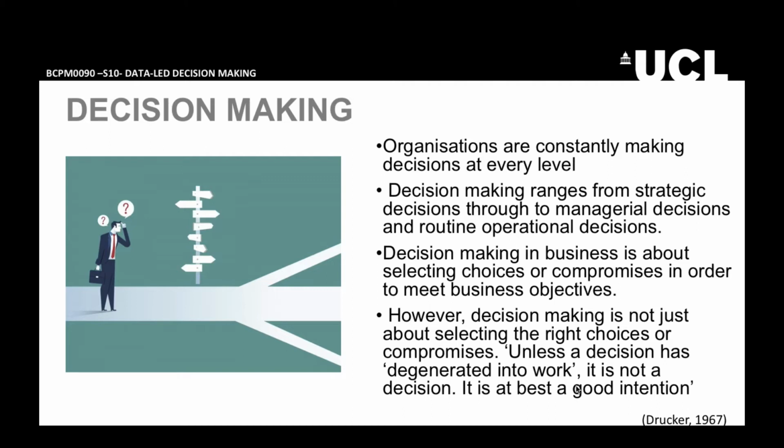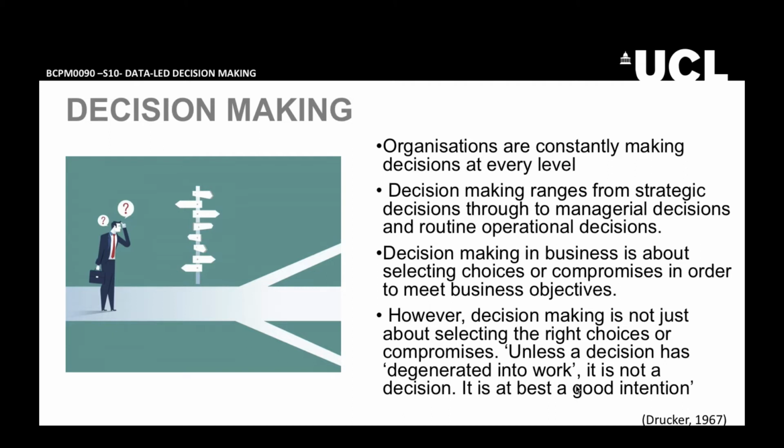Generally speaking, decision making in business is about selecting choices between a range of different options in order to meet the business objectives. It means in order to implement the organizational strategy.